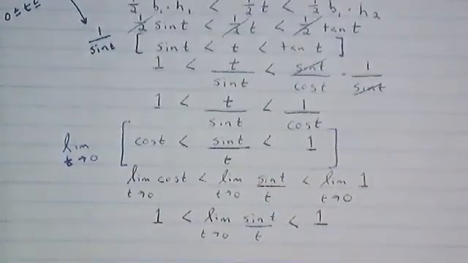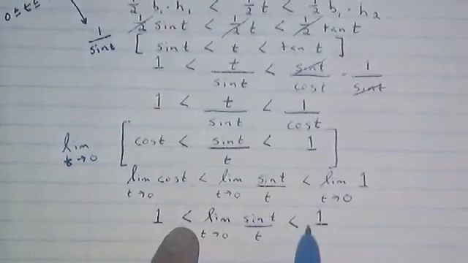Now finally, riddle me this. If something is greater than 1 and also less than 1, what do you think that thing probably is? 1. That thing is 1. And so we have squeezed this unknown, unwieldy thing in between two things that happen to be the same.